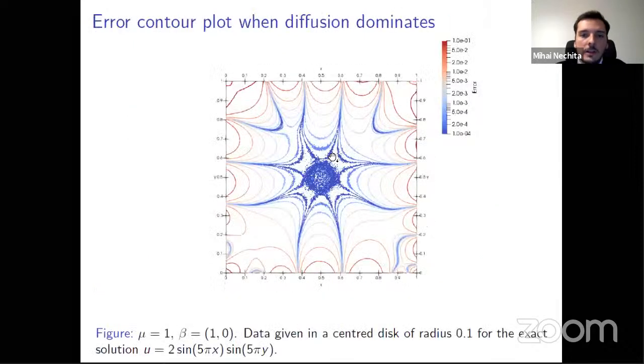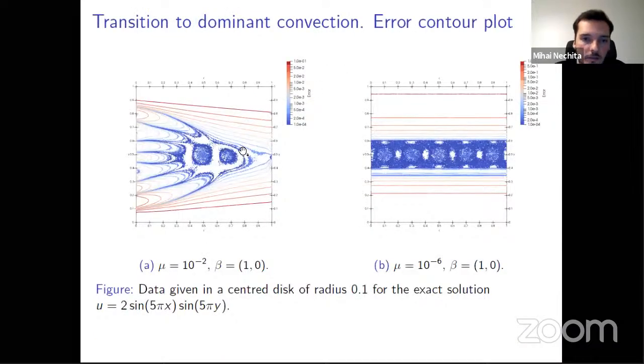If we look at the previous plot, the errors somehow propagate similarly in all directions, but here we start to see a better resolution from the data region across the characteristics that go through it.